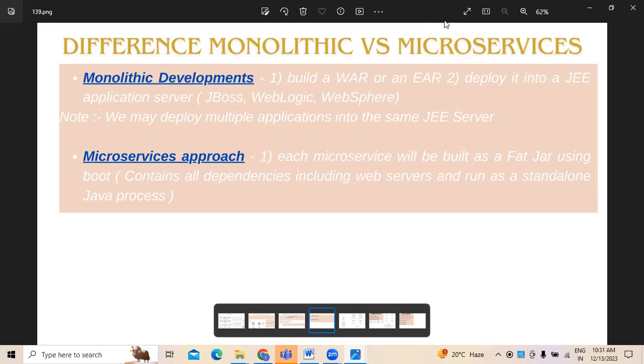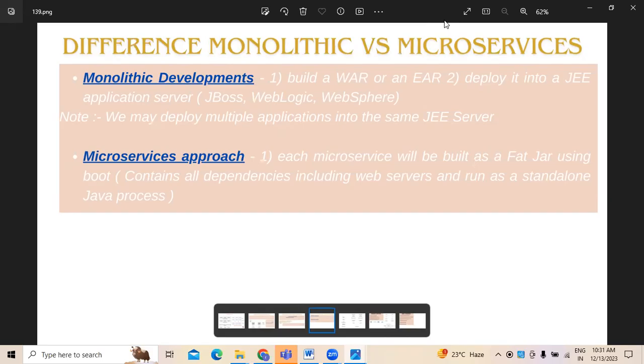But when it comes to the microservices approach, whatever microservice we are building can either be fat jar files using Boot, which contain all the different dependencies relating to the web services, or a standalone Java process. Because we use different platforms, it can be single tier architecture, two tier, three tier, or multi tier architectures.